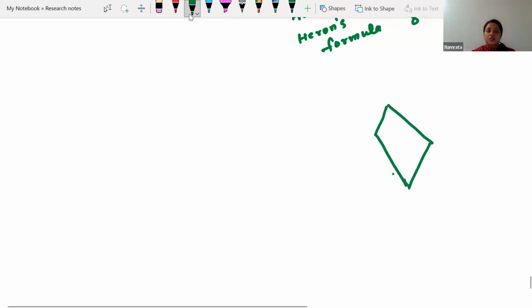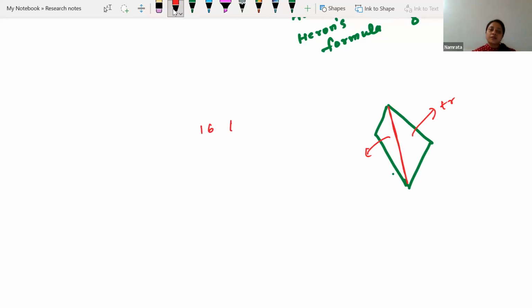You must be thinking it is not a triangle, but there is a section in between, and this is a triangle, this is a triangle. Even though it doesn't look the same over here, in the book it is given as the same triangle, all are the same. How many total triangles are there? 16 triangles are there.